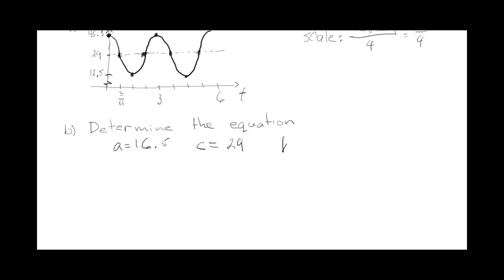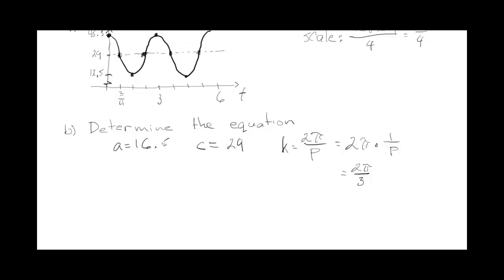The k value: we would take 2 pi and divide by the period. In this case, it's probably easier to do 2 pi times 1 over the period. The period was 3 seconds, so just 2 pi by 3 is fine. So that's our k value.